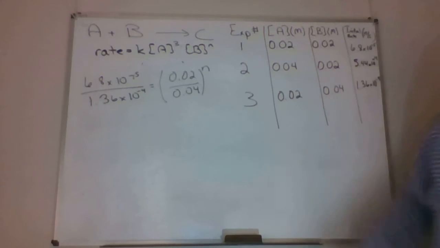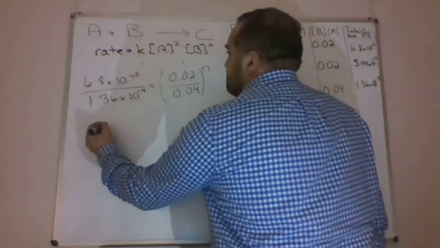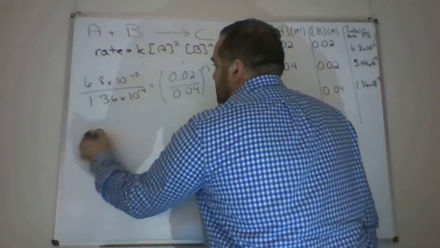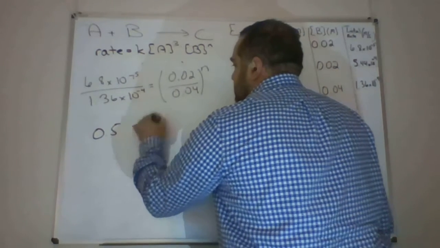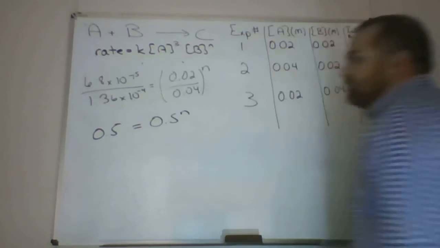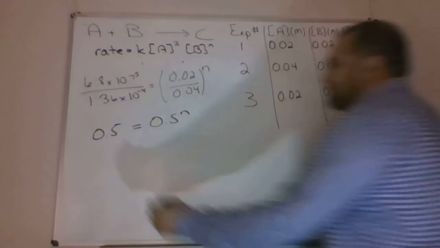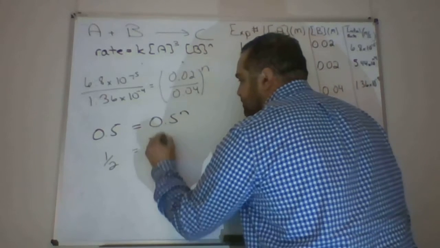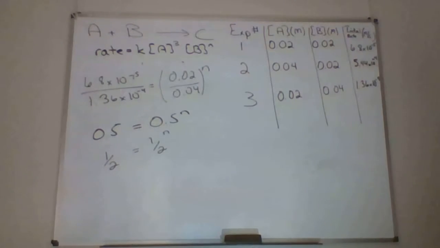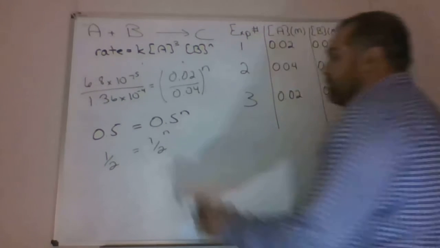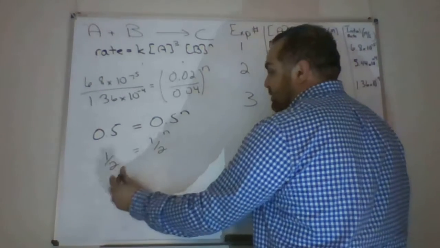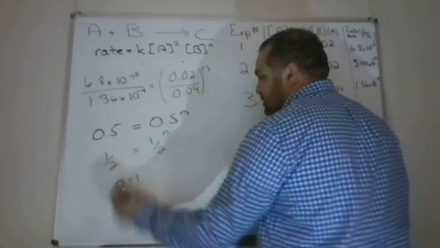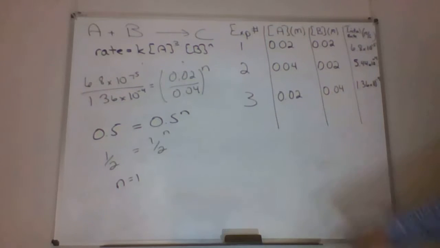B changes, that's what I got here. Simplifying, we get 0.5 equals 0.5 to the n, or we can write it as nice fractions, 1/2 equals 1/2 to the n. Again, by visual inspection, usually you can determine what the value of n should be. What power do we raise 1/2 to get 1/2? The answer is 1. So B is a first order reactant.